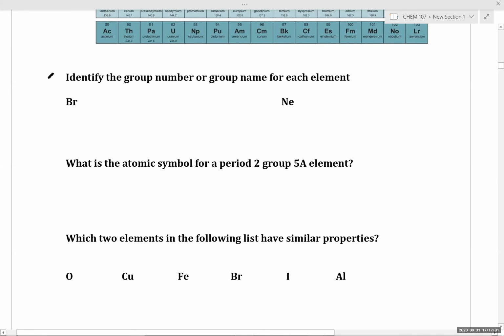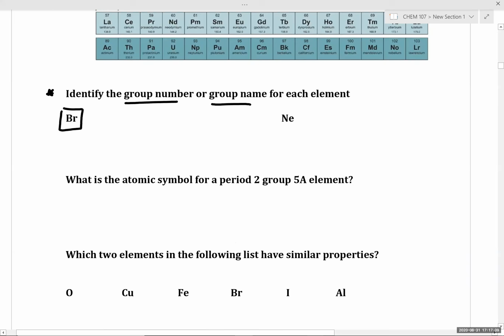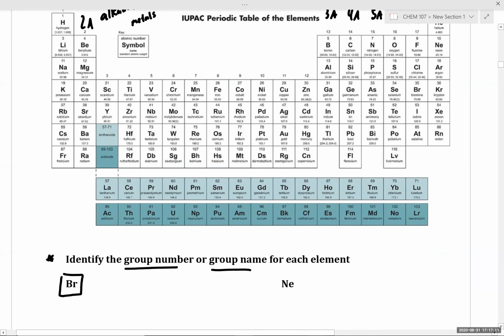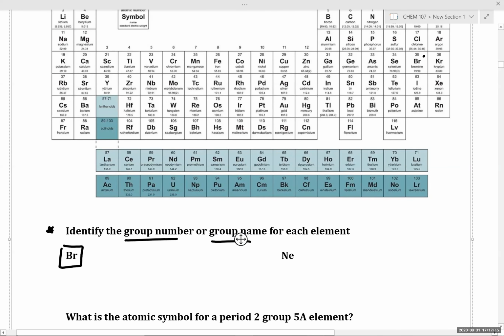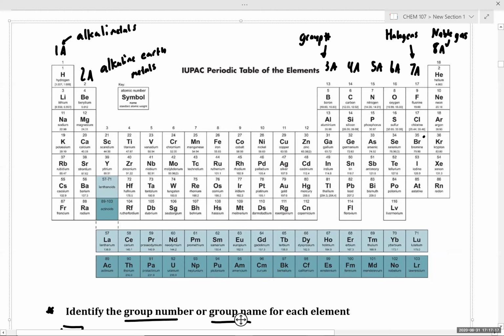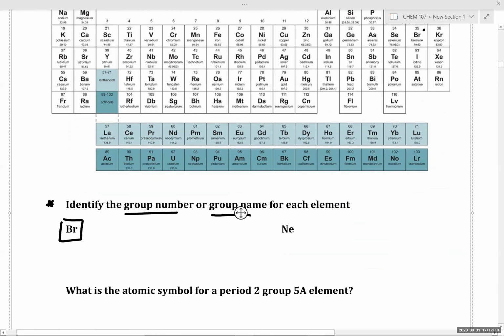In this first example, we're asked to identify the group number or group name for each element. So for bromine, I go over to bromine, and I see bromine is in group 7A. So I'm going to write group 7A, and that means bromine is best known as a halogen.